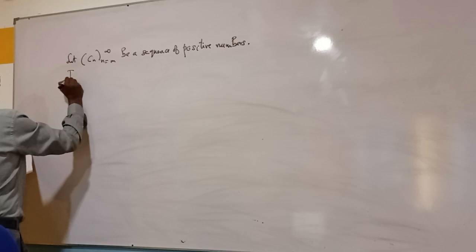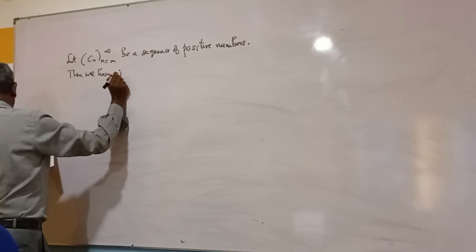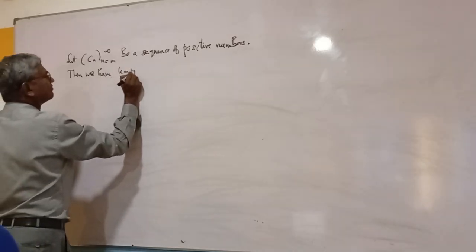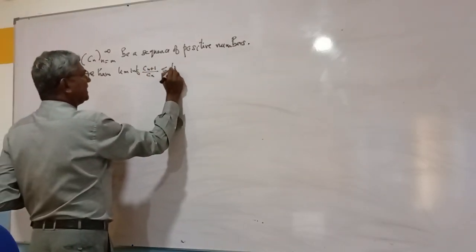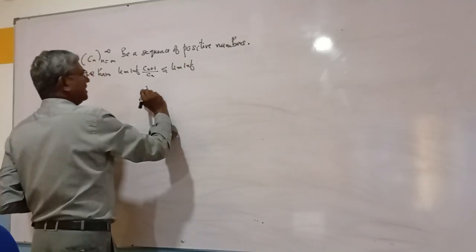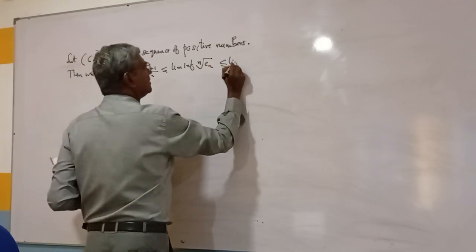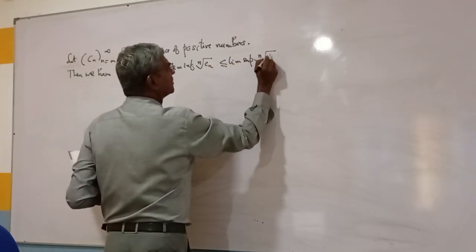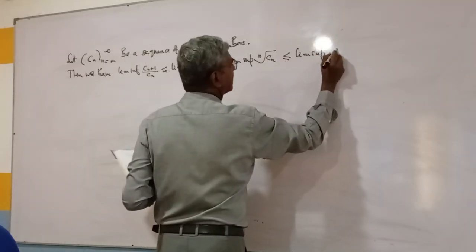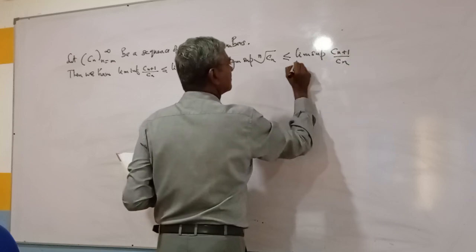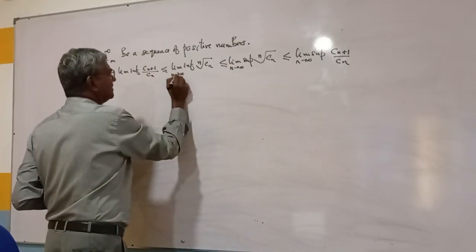Then we have lim inf of c_{n+1} over c_n less than or equal to lim inf of the nth root of c_n, less than or equal to lim sup of the nth root of c_n, less than or equal to lim sup of c_{n+1} over c_n, as n tends to infinity.